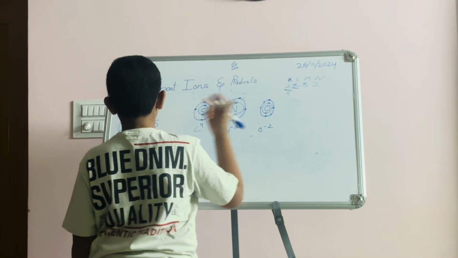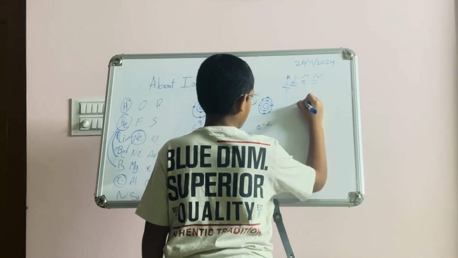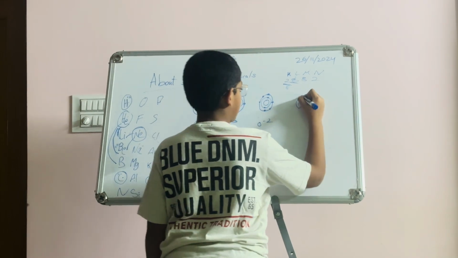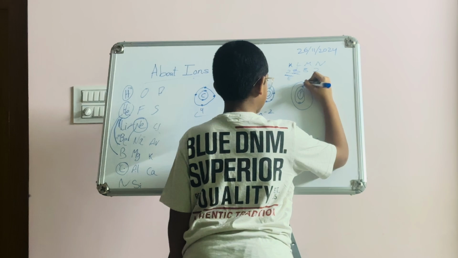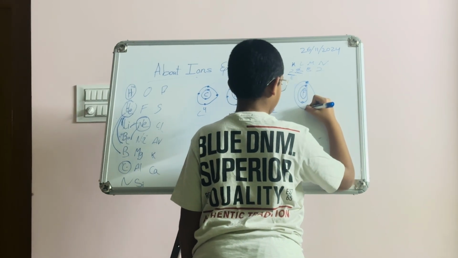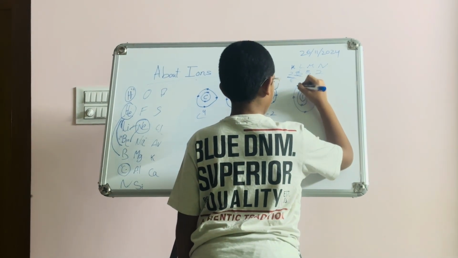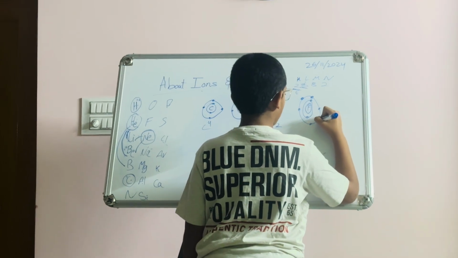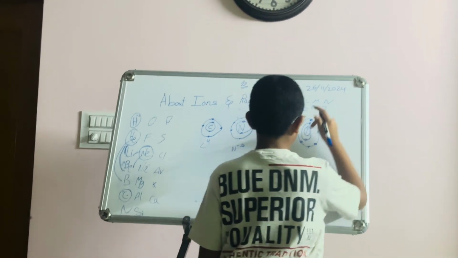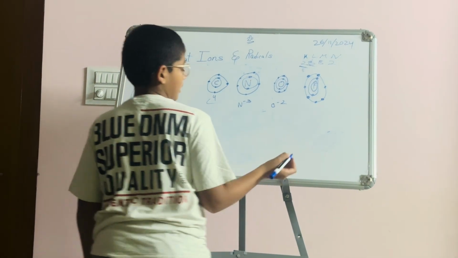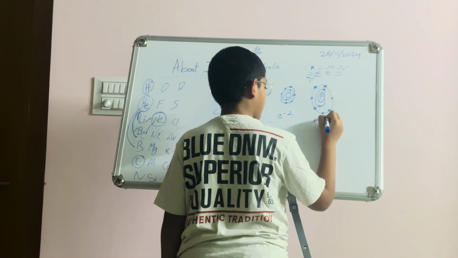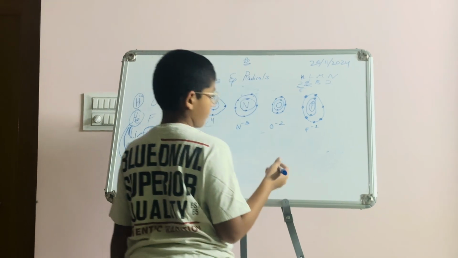And fluorine, it has 2 over here and 7 electrons in its outermost shell. So it has 7. Gaining 1 is better, so F minus 1 or F minus.